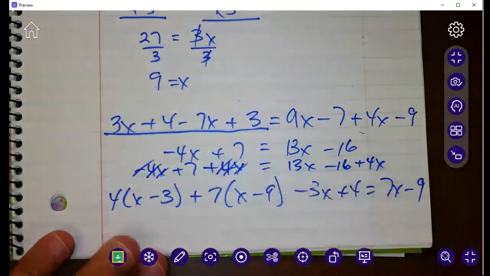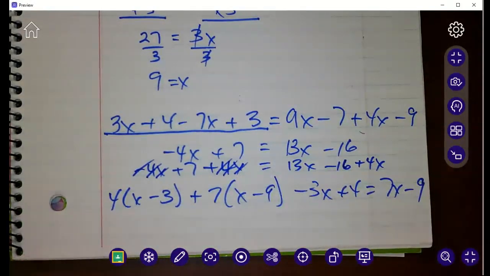They're gone. Negative 4x and positive 4x becomes 0. Now I have the x's together on the same side. And now I can clump them together. 13x and 4x is 17x. I can clump those together. The process is the same over and over again.